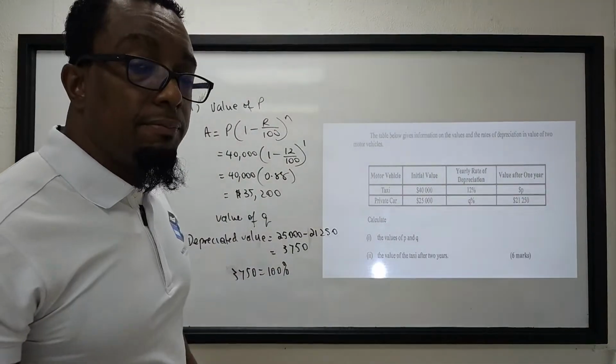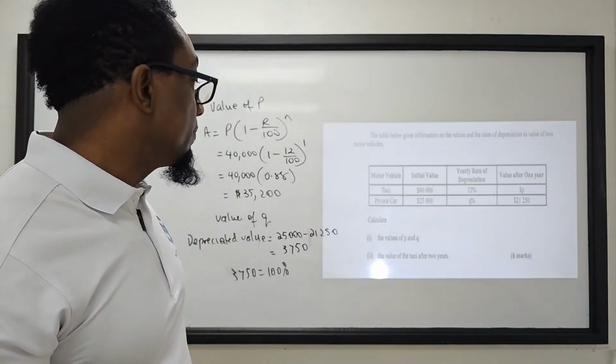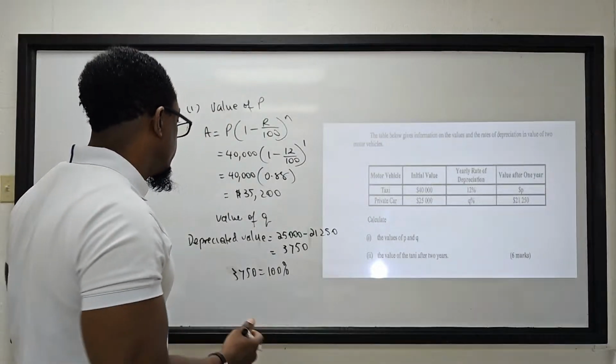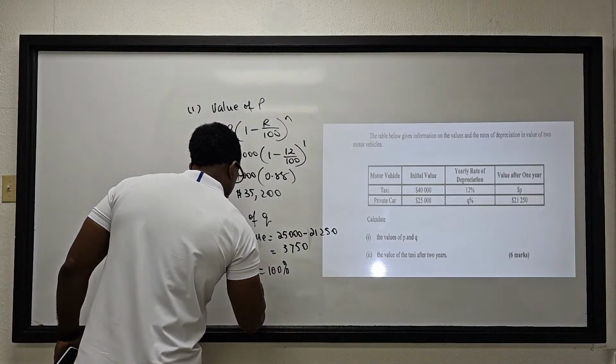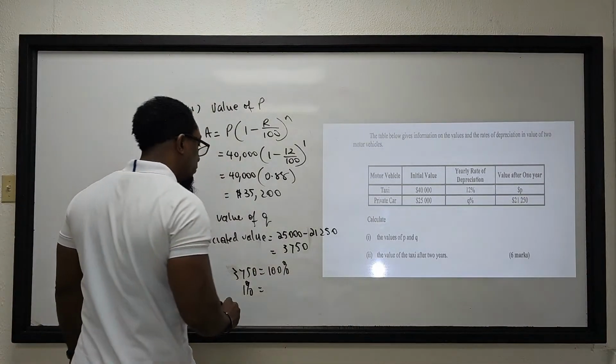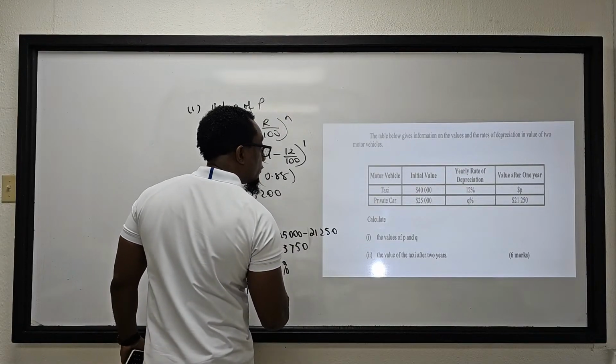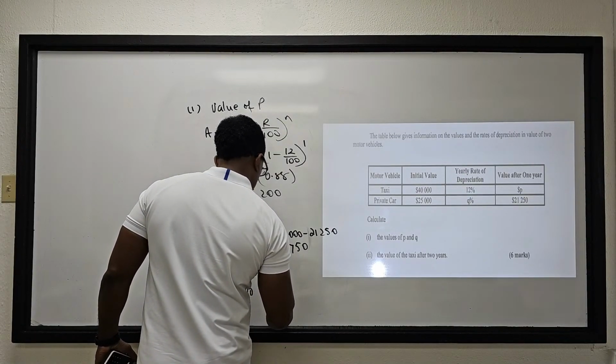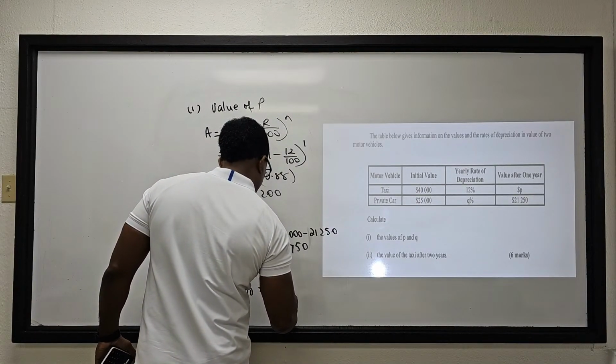Because remember, what you have to convert to always goes on the right of the relationship. So 1% is equal to 100 over 3750.